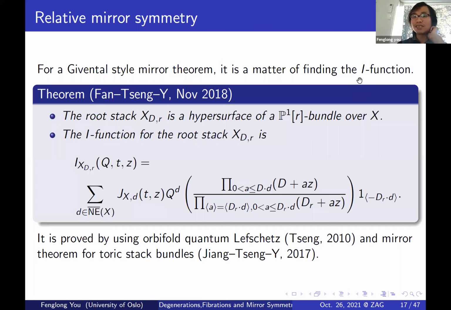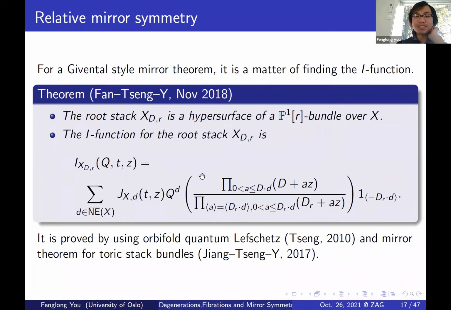So the question is just about finding an I function, and we can compute it for these orbifolds by considering this orbifold as a hypersurface in some P1 bundle, and then using orbifold quantum Lefschetz and the mirror theorem for toric stack bundles, and we get an I function for this orbifold.